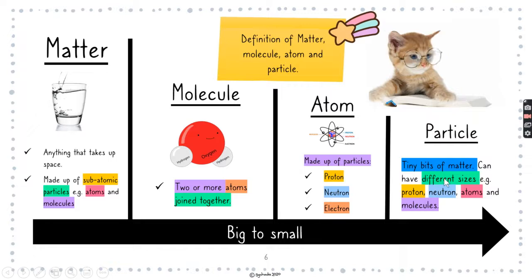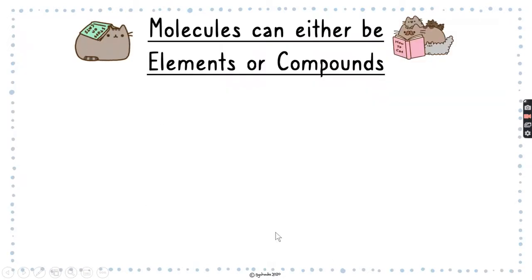A particle has different sizes, and it really depends. A proton is a particle, a neutron is a particle, an atom is a particle, and even molecules you can call particles as well. Particles can be very, very small, but this is basically the definition of all of these terms.